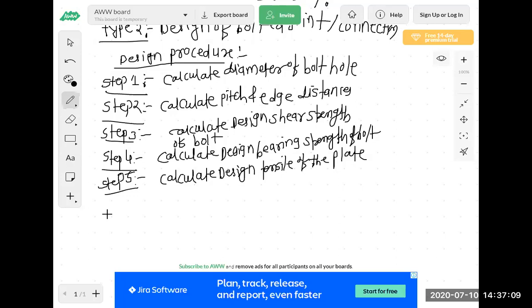But instead of this step number 6, another we have to calculate, this is very important now, calculate number of bolts.